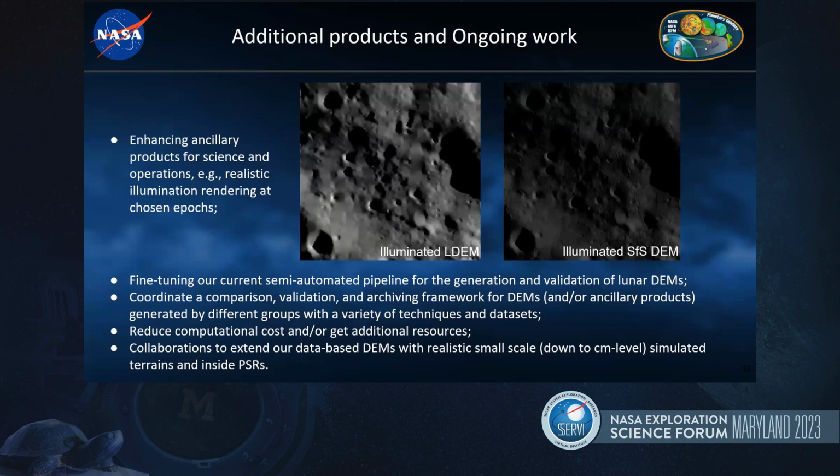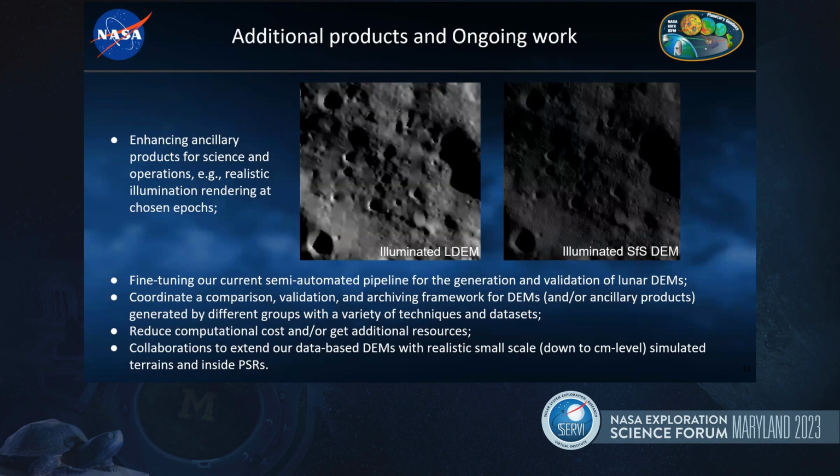And we also produce additional products based on our DEMs, useful for both science and operations. So for example, here you would see, if I could run the videos, the rendering of illumination of both the LDEM and our DEM over a given time span, which is useful for many applications.